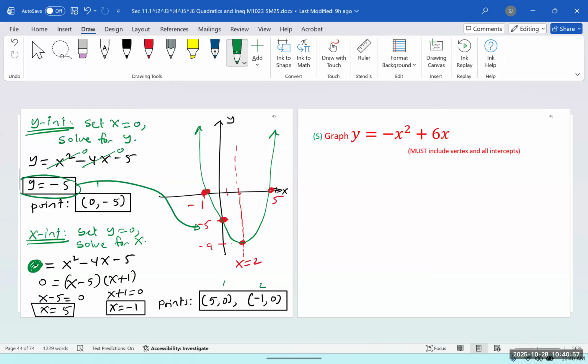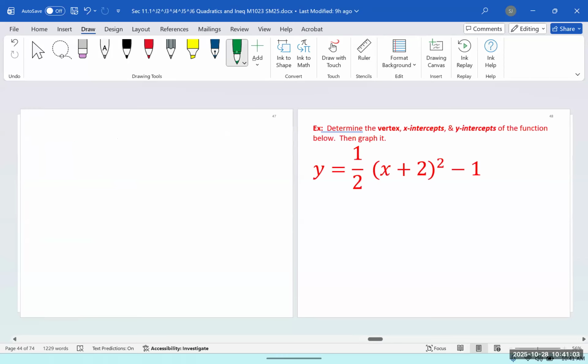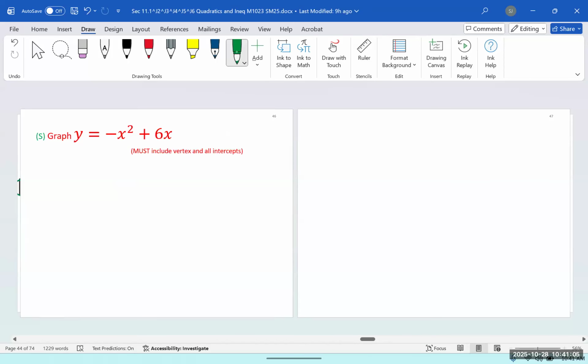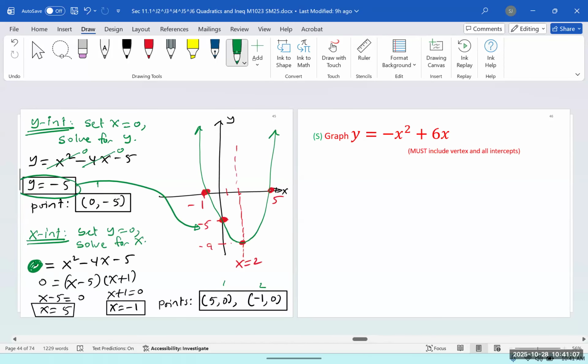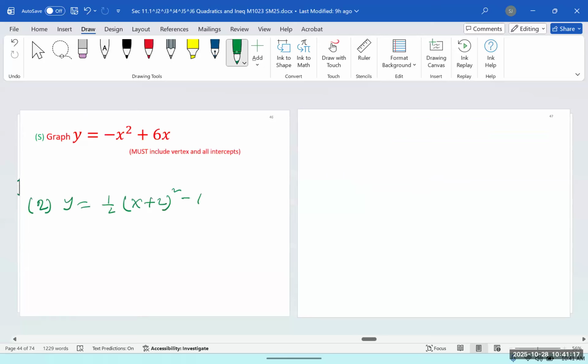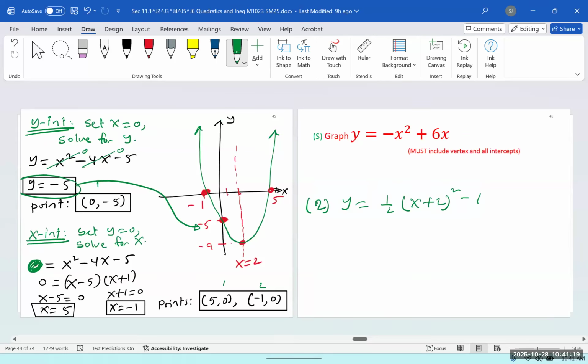Okay, so two questions actually. One is this, and the other one is y equals 1/2 (x plus 2) squared minus 1. Okay. So this is 1, this is 2. Find all of these or these two.